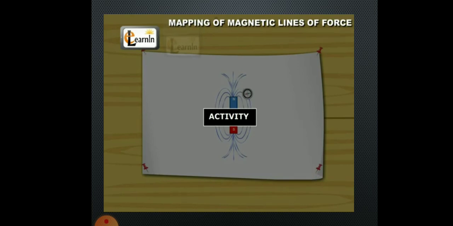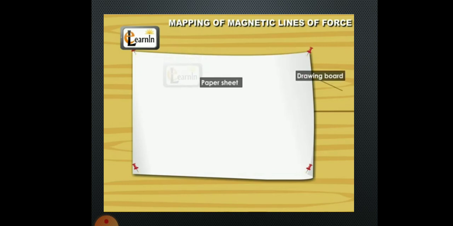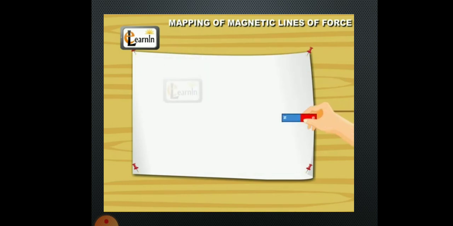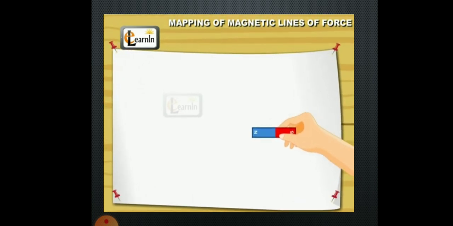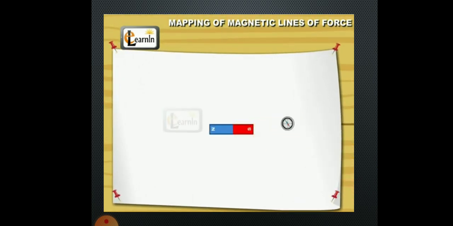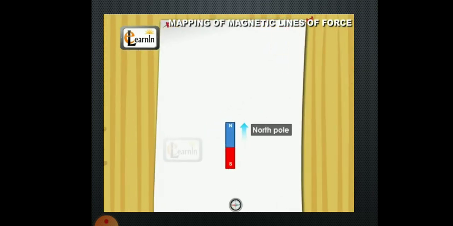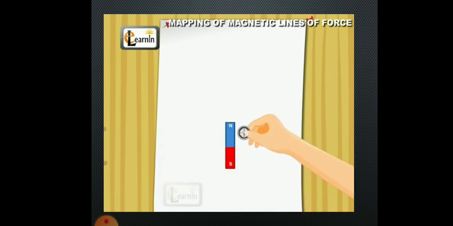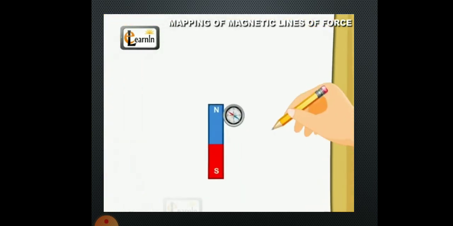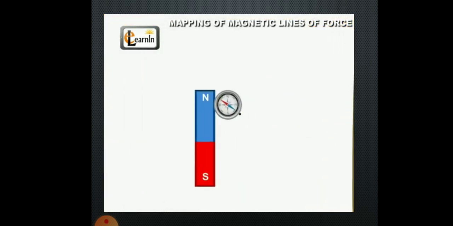To map lines of force around a bar magnet, fix a sheet of paper to a drawing board. Place a bar magnet on the sheet of paper at its center. Adjust the drawing board and the north pole of the bar magnet along the geographic north by using a compass. Place a plotting compass near the bar magnet. With a pencil, mark the direction of the north pole of the plotting compass, say P1.